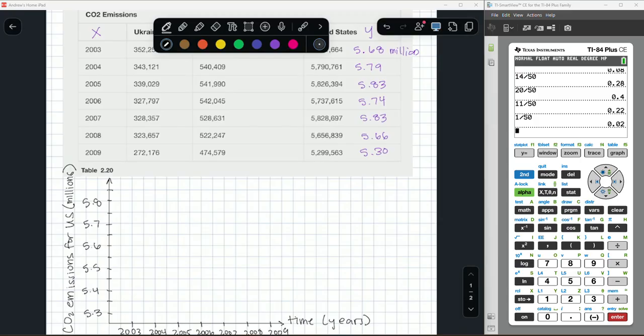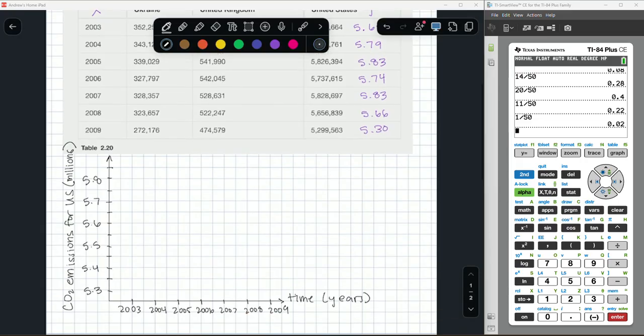From here, I'm now just plotting my ordered pairs. So 2003 should be at 5.68, so just a little bit below 5.7. My next one, 2004, is 5.79, so just under 5.8.